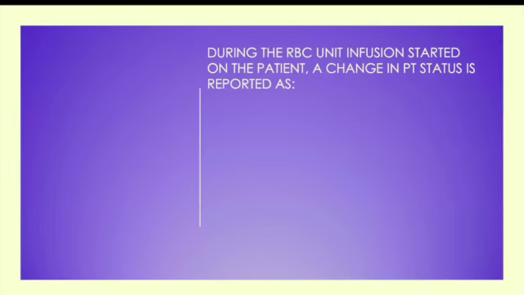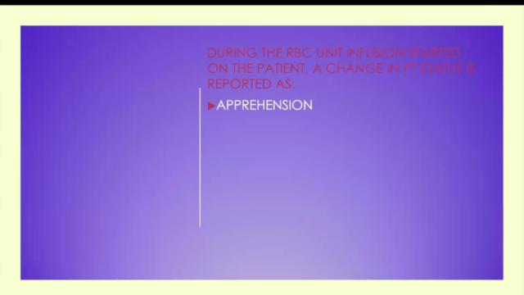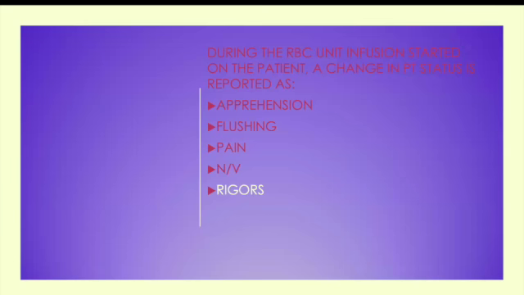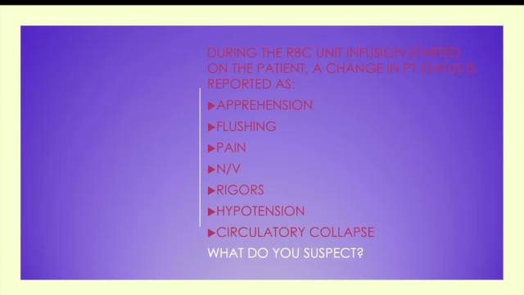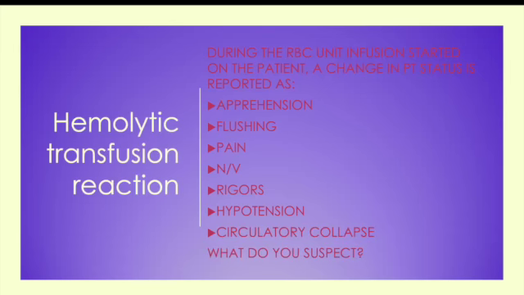And what do you think is happening when, during an RBC unit infusion started on a patient, a change in patient status is reported as apprehension, flushing, pain, nausea and vomiting, rigors, and hypotension? Ooh, this is not good. Then we have circulatory collapse. So what do you guys think is happening? So there's an RBC infusion going on. I think that we have a hemolytic transfusion reaction.